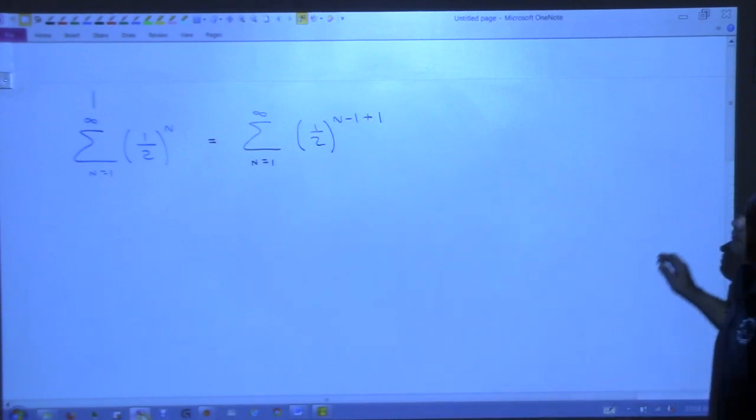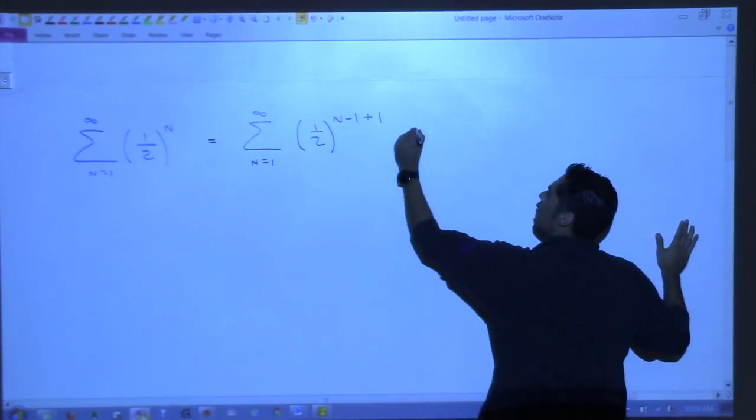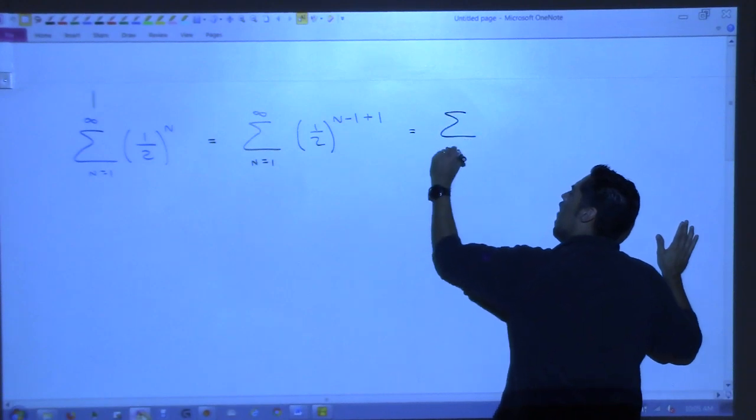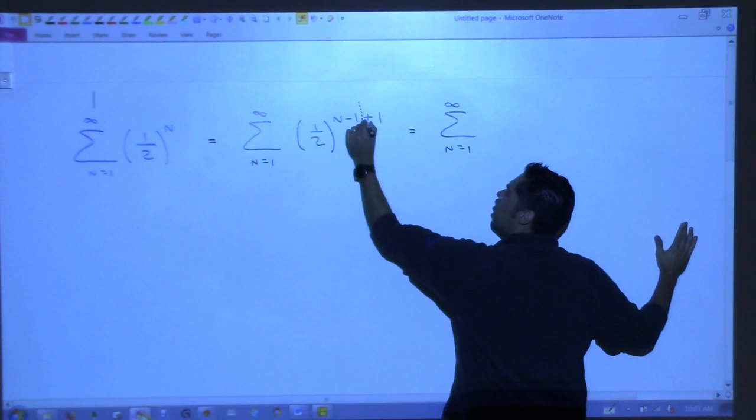Isn't that n minus 1 plus 1? We've done this before, right? And we didn't like it. Well, we liked it, but we didn't like it. Okay, so I'm trying to force an n minus 1 in right now. So this is the same as the sum n equals 1 to infinity. Now, I'm really looking at this as two different exponents.